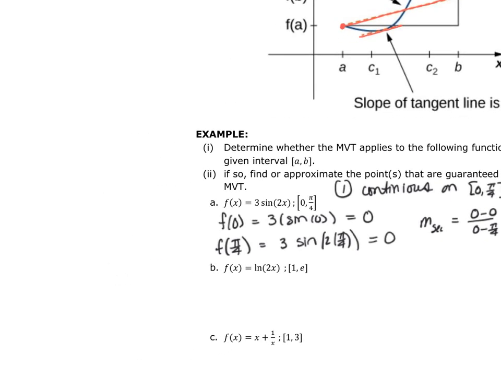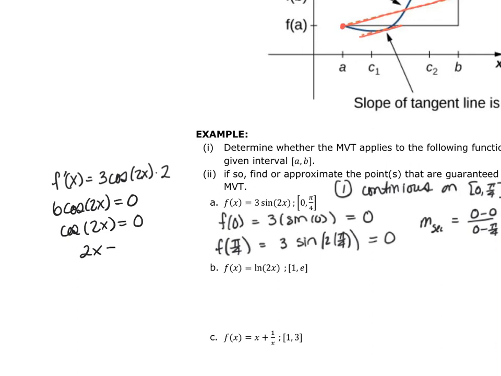So all I have to do then is find my derivative f prime of x. F prime of x is going to be 3 cosine 2x multiplied by the derivative of my angle. So I have 6 cosine of 2x has to equal 0, because that is the slope of my secant, which in this case happens to be 0. Divide both sides by 6, and this is exactly where we were before.